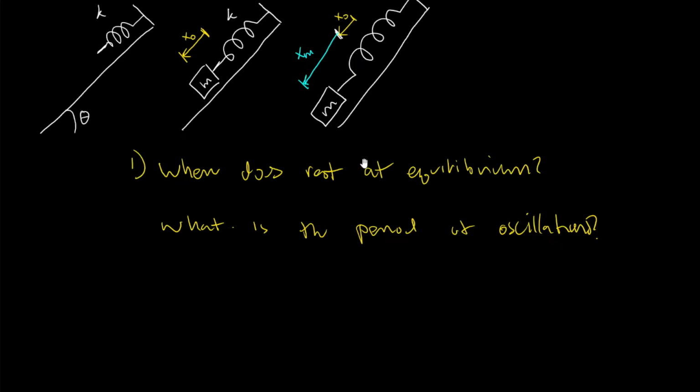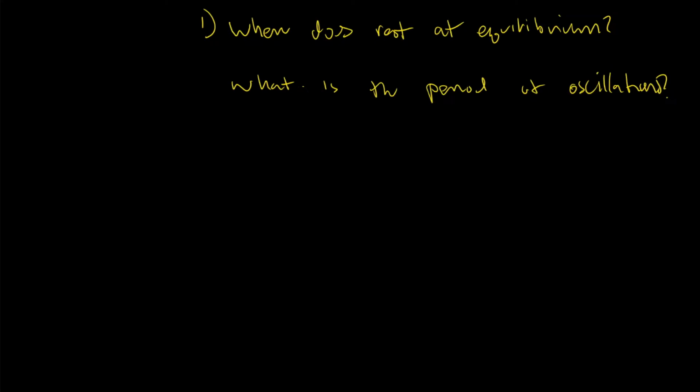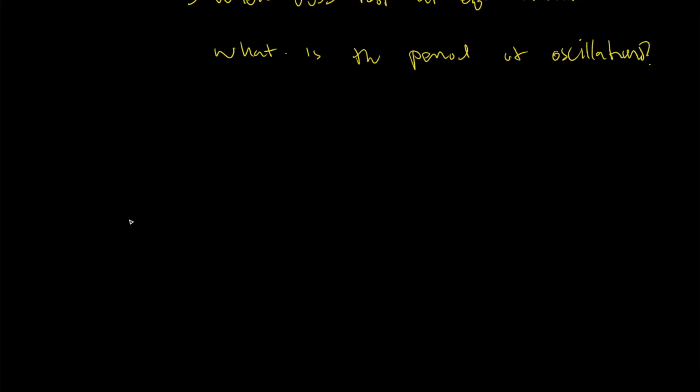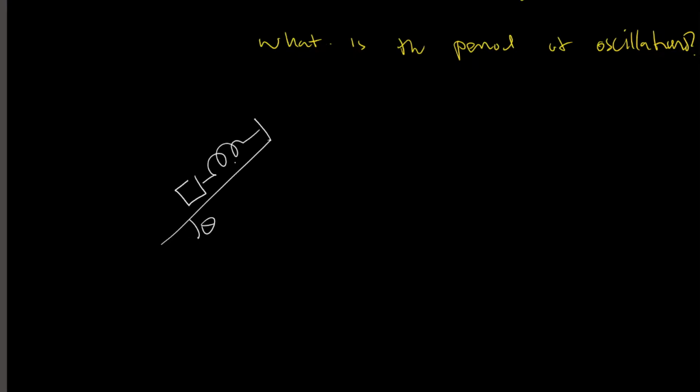So at this equilibrium position, we have our ramp. At this position, the box is not moving, so it has zero acceleration, which means the net force on the box is zero.